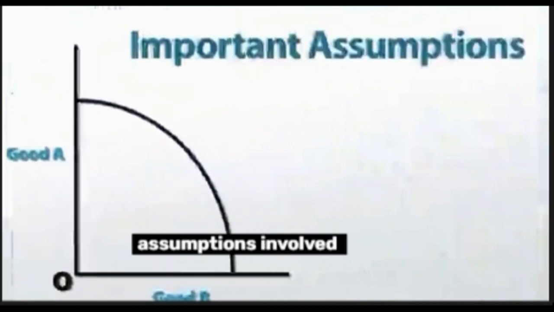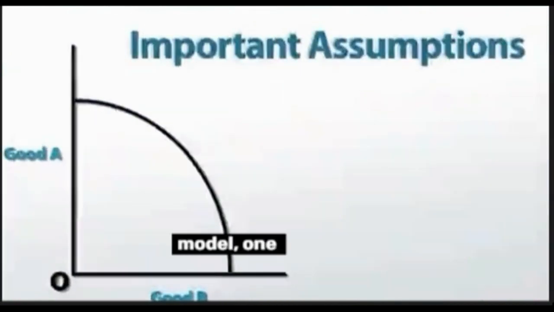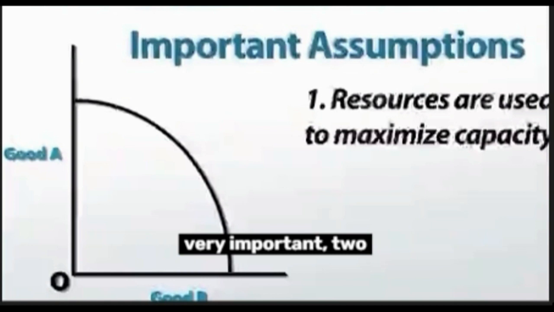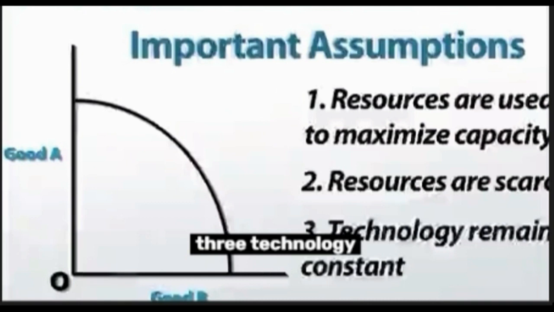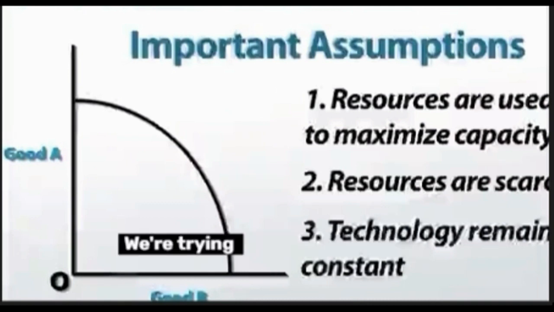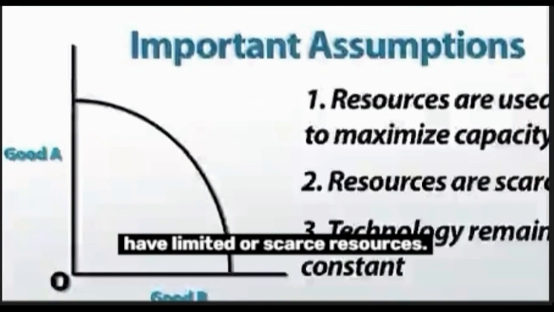There are three important assumptions involved in using the production possibilities model. One, resources are used to maximize capacity. Very important. Two, resources are scarce. And three, technology remains completely constant. We're trying to use our resources to the fullest, but we only have limited or scarce resources.